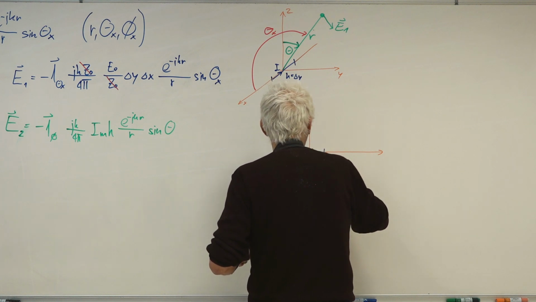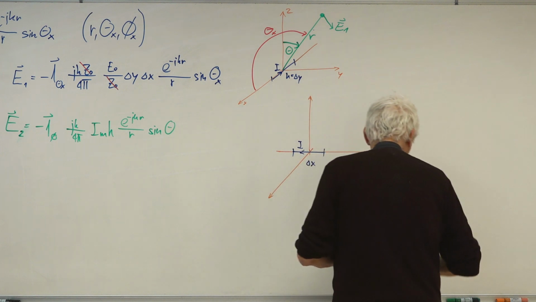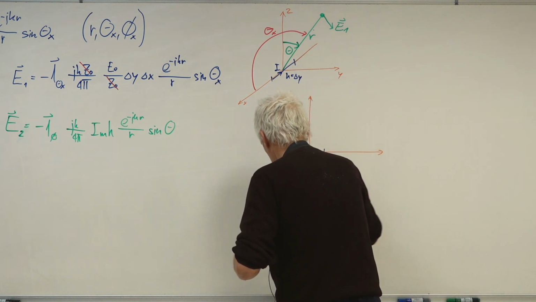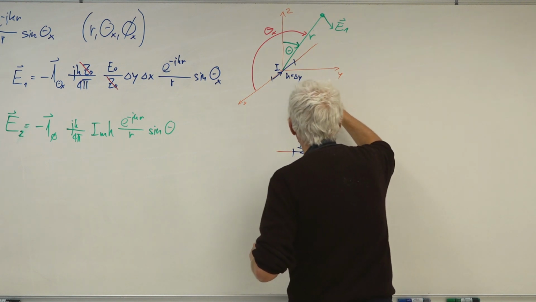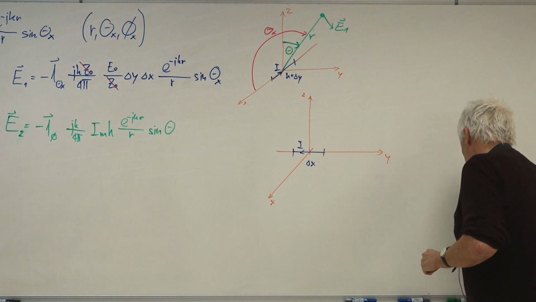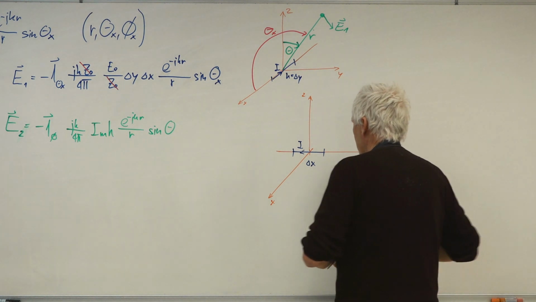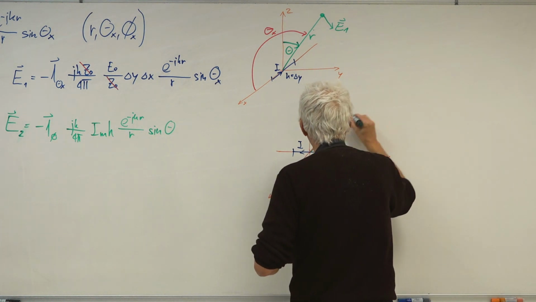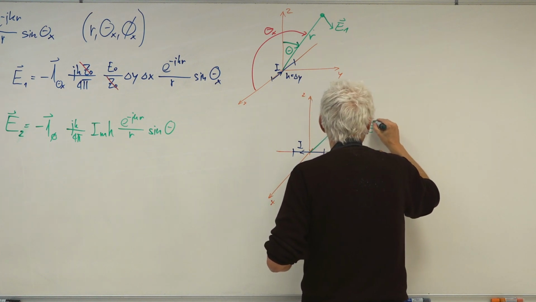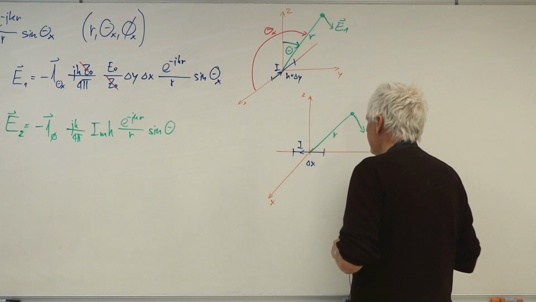The length is delta x. So this is x, y, and z. There is our radius vector r, to the point where I'm going to calculate the field E2 here.